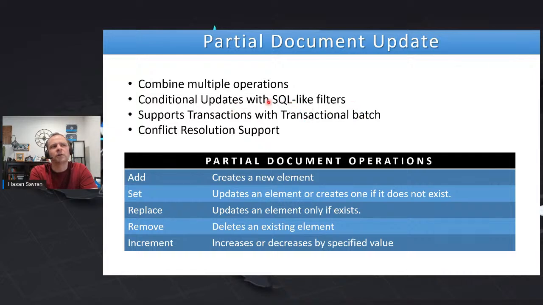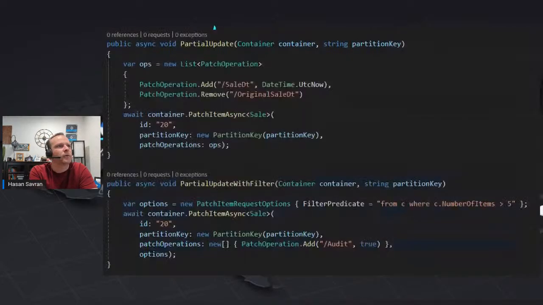You can attach a where clause in your update operation, and that where clause can control if it should get updated or not. I think that was a good one too. I was just trying to play with it last week. On top of that, it supports transactions, and if you have global distribution, it supports conflict resolution too. So let's see how this actually works.